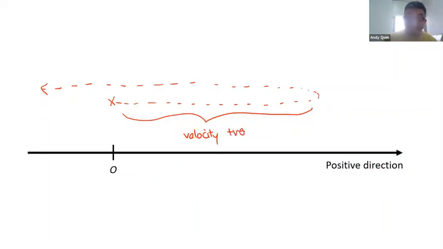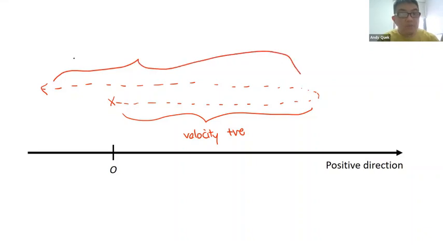And the reason that the velocity is positive is because the object throughout this part of the motion is moving to the right or heading to the right. The backwards motion throughout this part, we will say the velocity is negative.